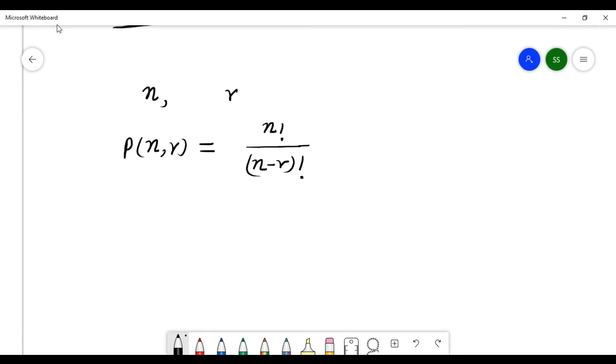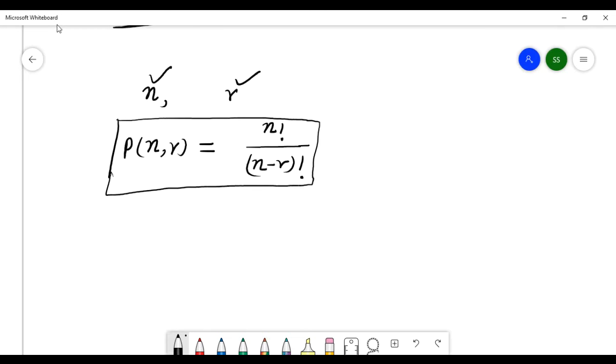In a total of n taken r together, this is how we write the permutation. And here there is no repetition. Just remember, no repetition here.